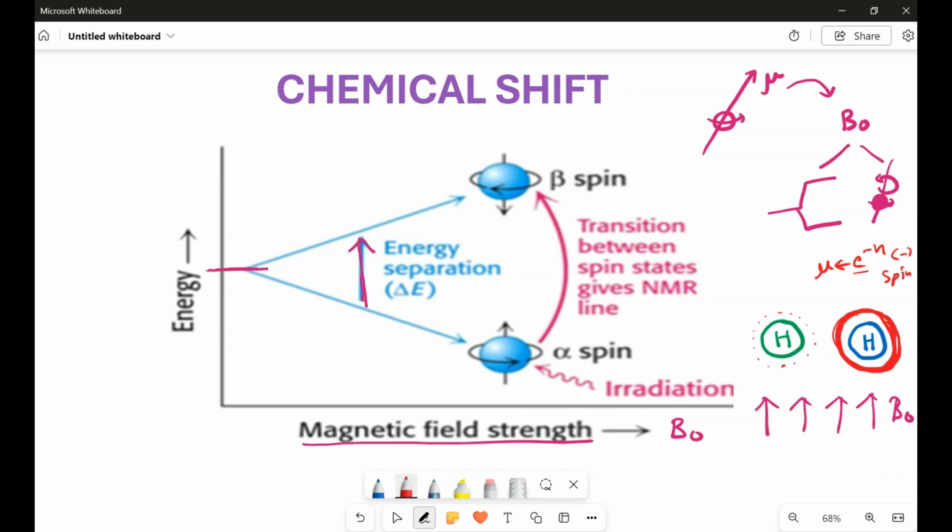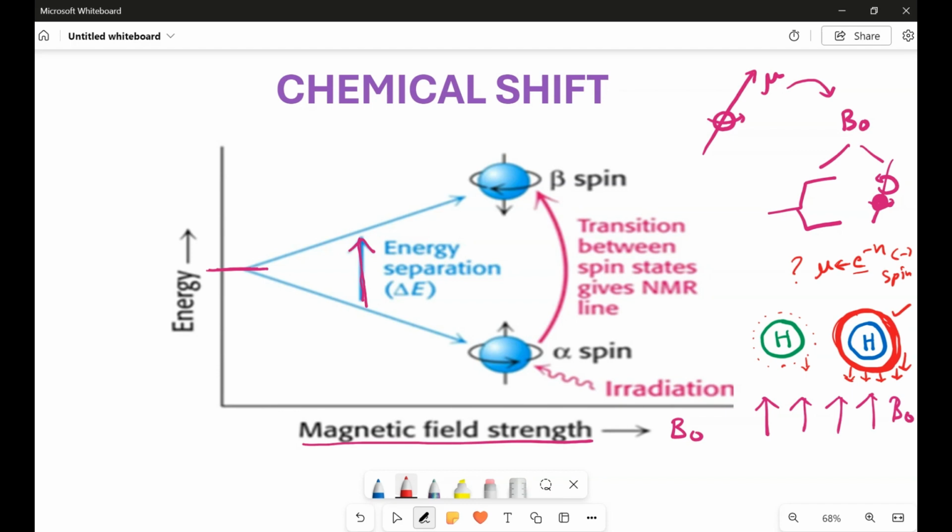This magnetic moment will behave like a tiny bar magnet. And how will it behave in the external field? Generally the electrons' magnetic field will oppose the external field. So this hydrogen will have strong opposition from the electrons because there are lots of electrons around it.